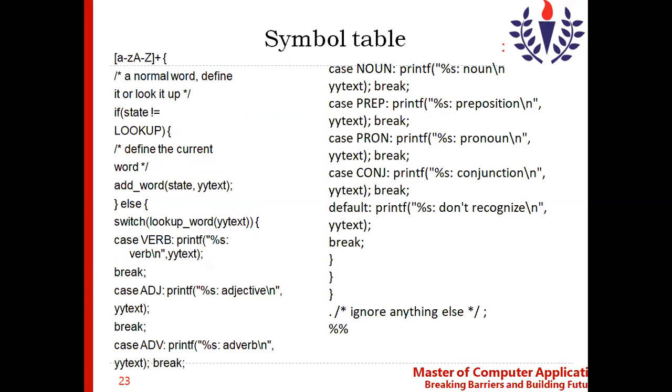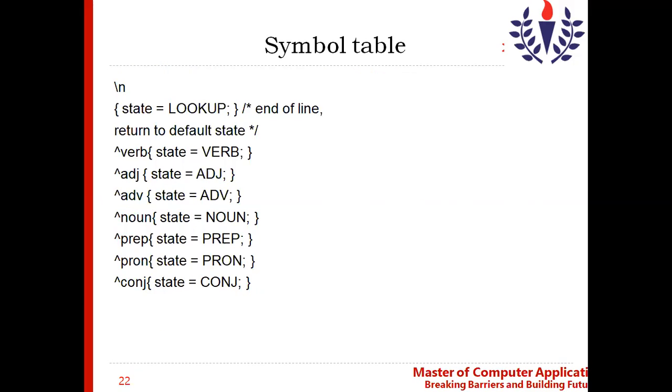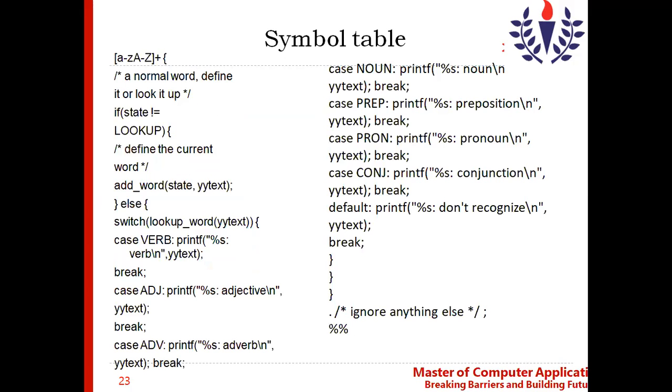At that time, the function that needs to be called is add word, which means that when the user starts with a verb followed by some characters, the word with its type has to be added into the linked list. That is exactly what we do here.